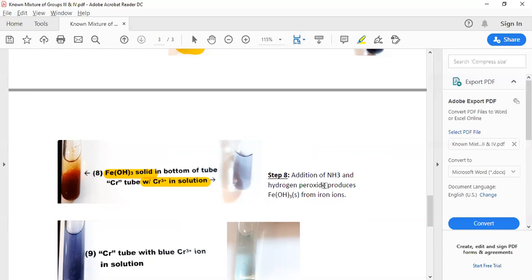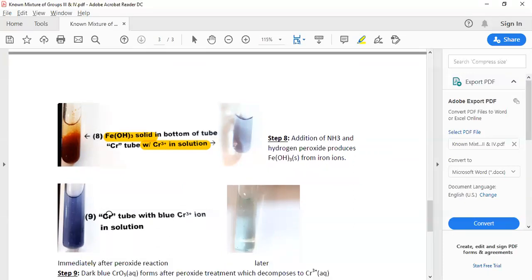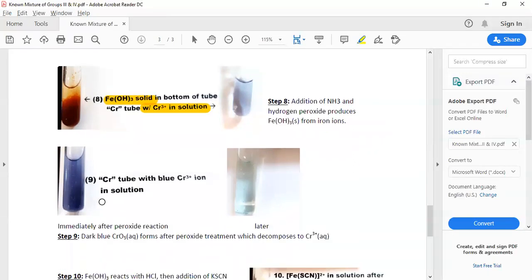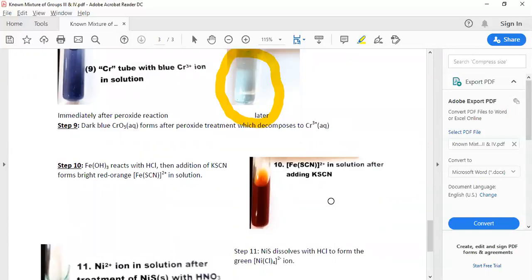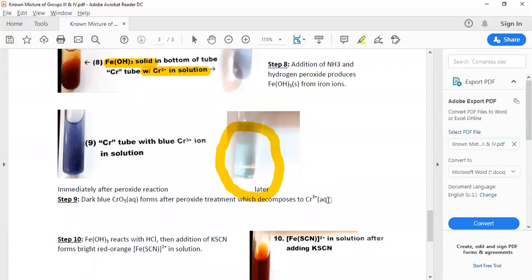So under the presence of this basic pH, what we get is the chromate, which is going to eventually convert into this kind of light blue color. All right. And that's the one that we are going to treat with sodium hydroxide so we can reprecipitate the chromium hydroxide.